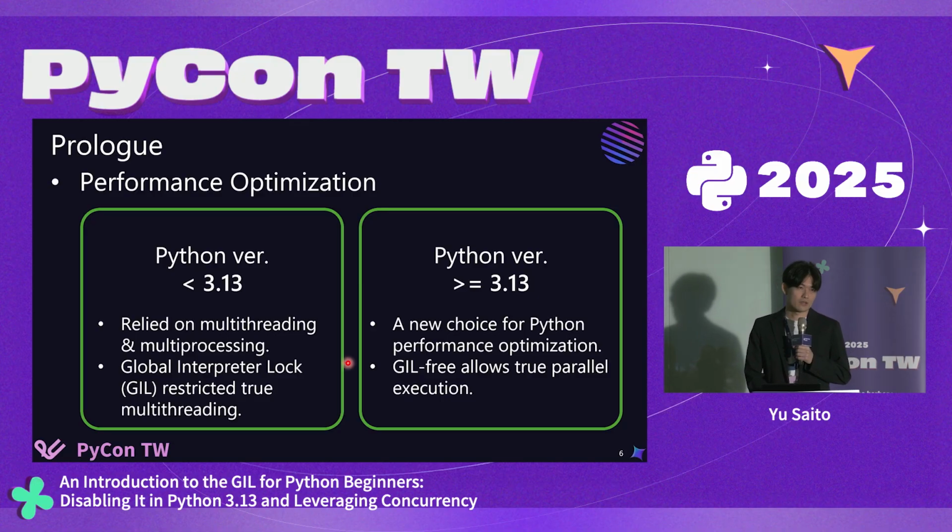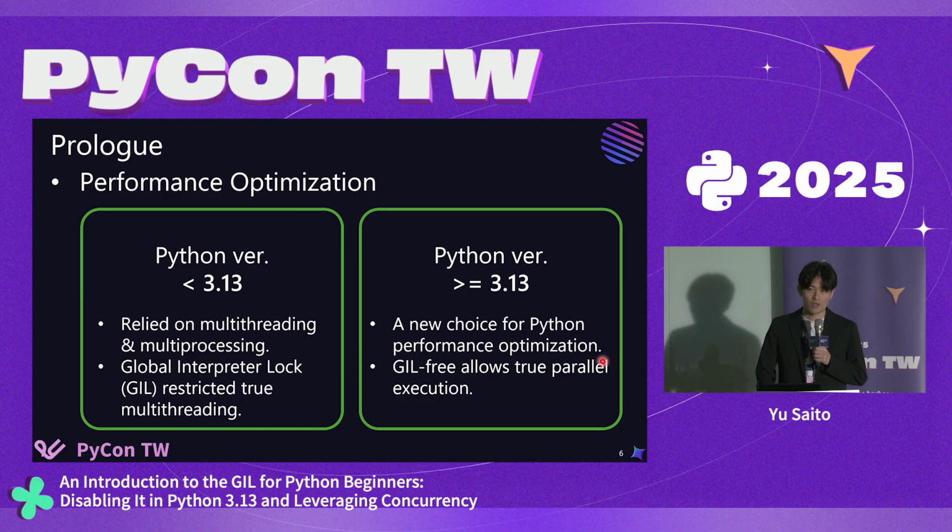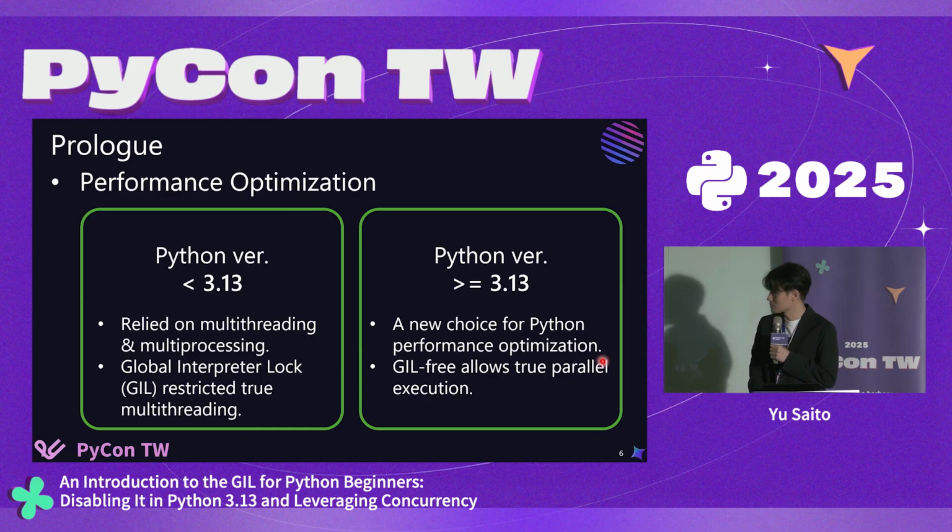However, multithreading is subject to a locking system called the global interpreter lock, GIL, which makes it difficult to fully optimize. However, in Python 3.13 and later versions, a new approach has been added. The new approach is disabling the GIL, which allows true parallelism.